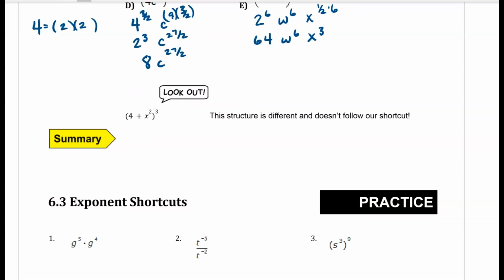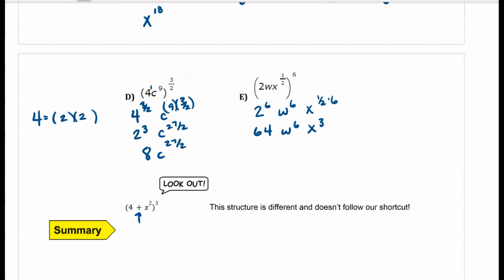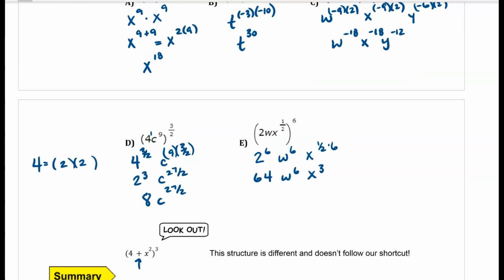Here's one more thing to look out for. This expression, the group 4 plus x squared raised to the 3rd power, looks similar to what we've been doing, but notice that plus sign that's inside the group. On all of our examples up here, when we had something raised to a power, everything inside of a group was a group of factors or things multiplied together.